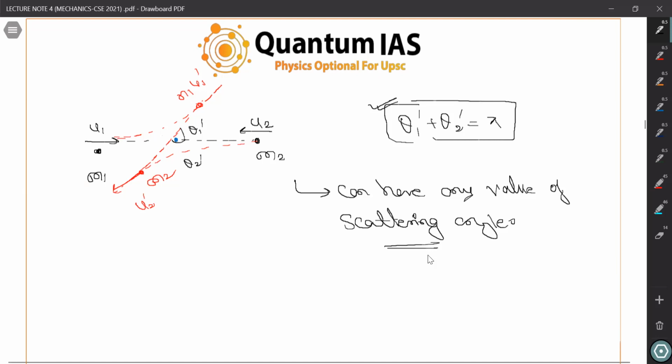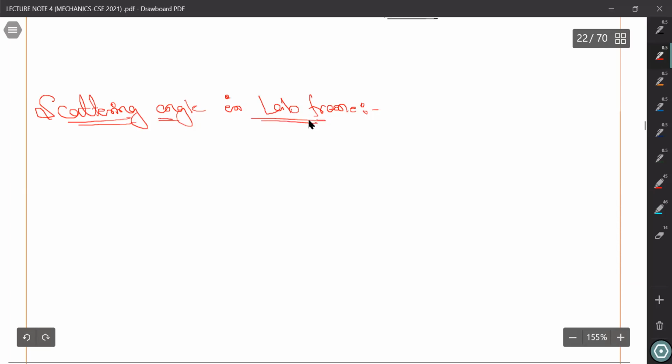But when we try to calculate the scattering angle in the lab frame, what we have to do is make use of some common things. For example, tan theta 1 can be written as v1 sin theta 1 upon v1 cos theta 1.